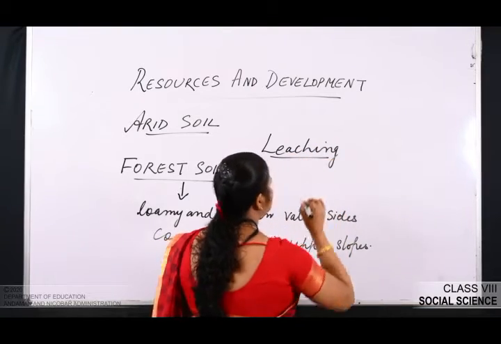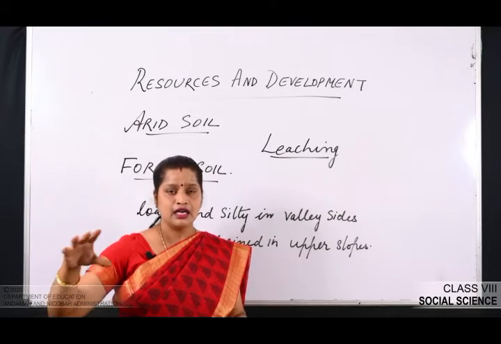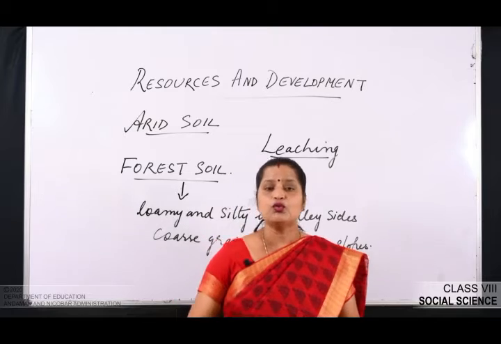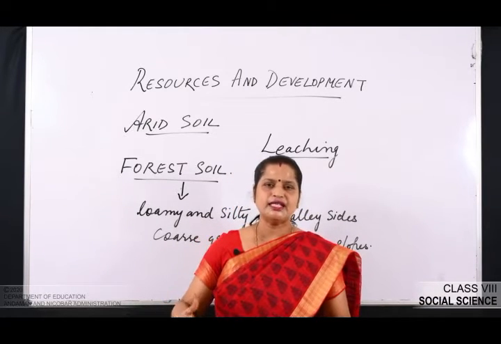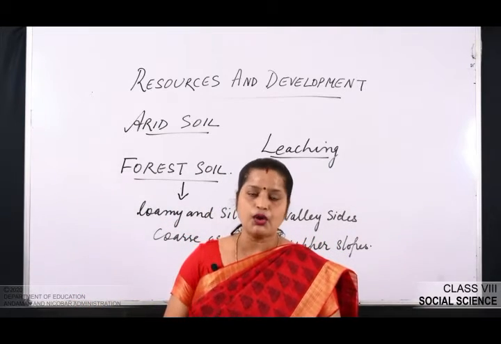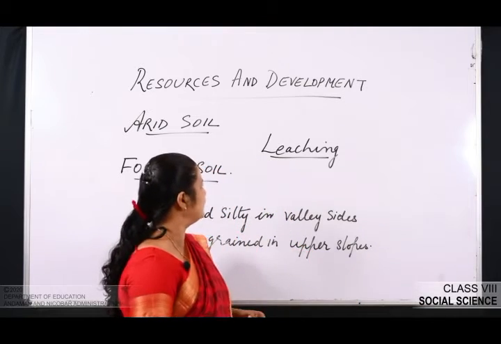When I say leaching, it is the process of carrying away of soil nutrients by rainwater. Most of the soil nutrients wash away with the rainwater, and this process is called leaching. Understood? So, I hope you have understood.